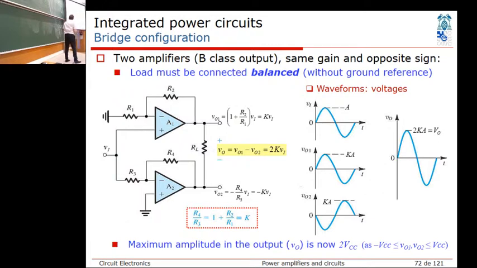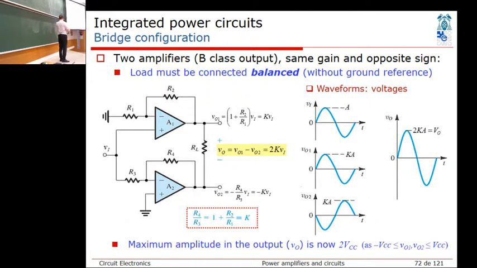By the way, this also works, if you do a little bit of careful design, with a single supply power. You just have then the reference ground at the middle.